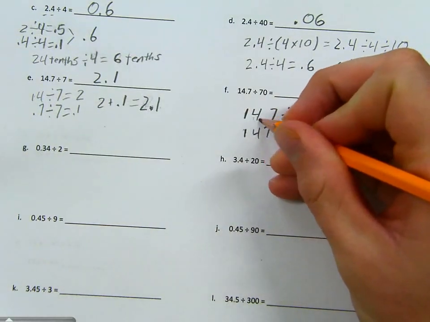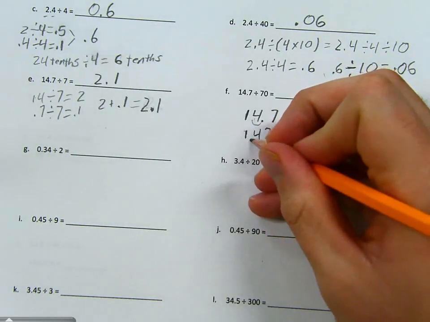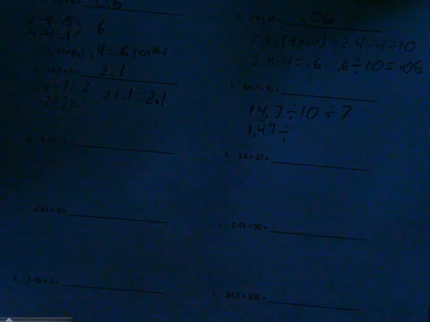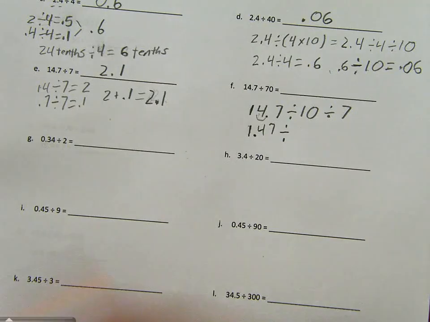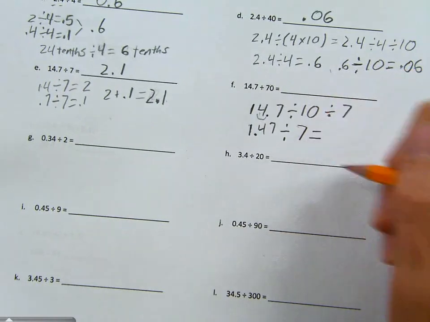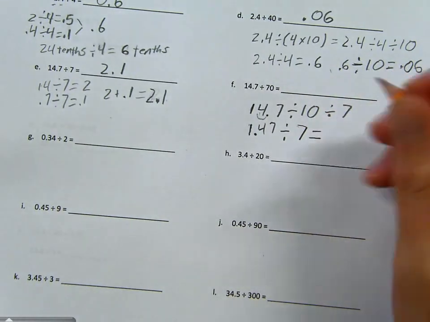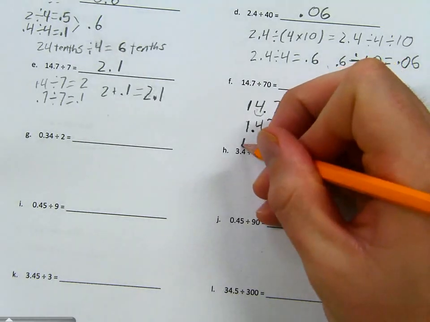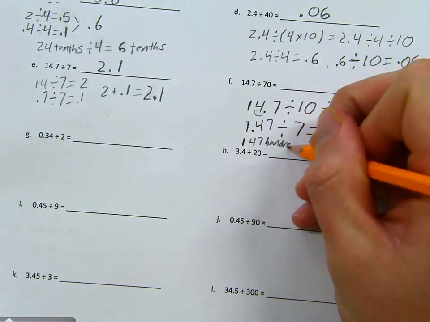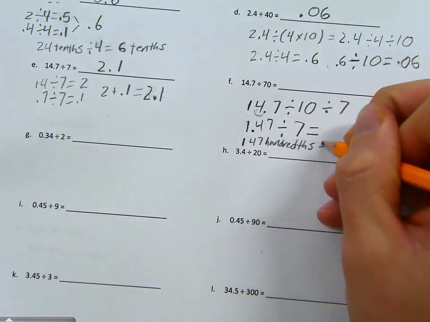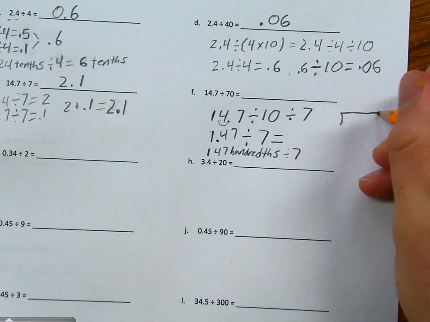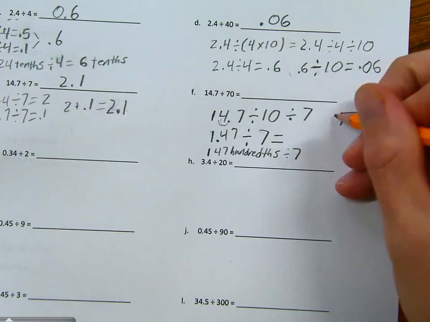Again, remember that decimal point is going to move one place to the left over here. 1 and 47 hundredths divided by 7 will be the same as saying 147 hundredths divided by 7. And if I don't know it offhand, I can do 147 hundredths divided by 7.